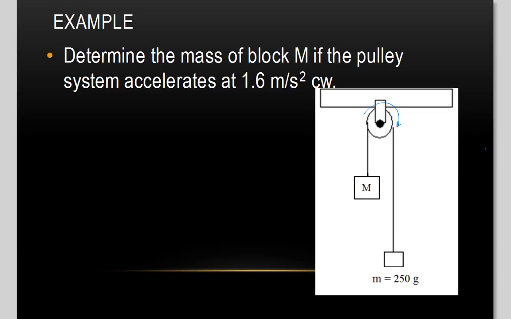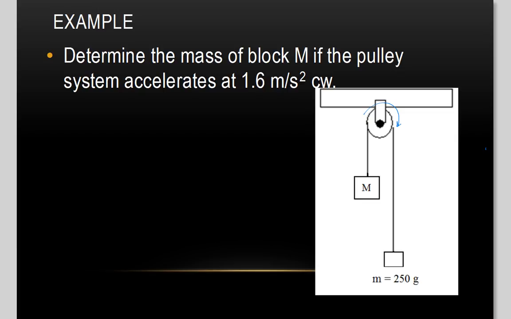Okay, so that's clockwise. If they're telling you that it's accelerating clockwise, which mass is heavier, M or capital M? Little m has to have more mass because it's rotating clockwise.